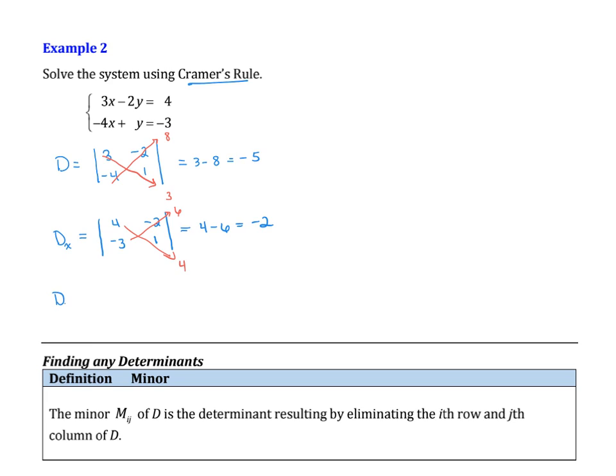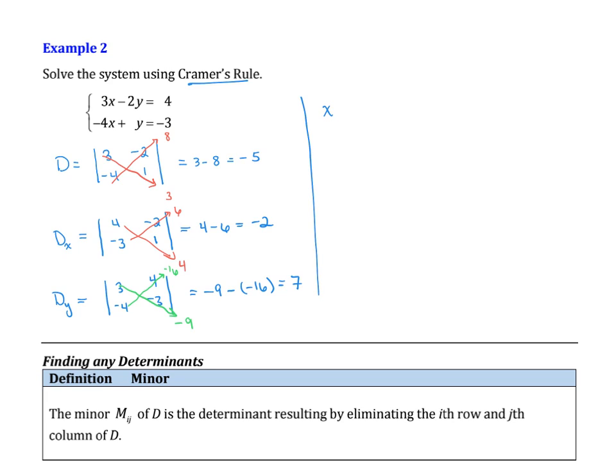And now, D sub y, we'll take our coefficients, 3, negative 4, and replace the y column with the right-hand side. So down is negative 9, up is negative 16. So we get negative 9 minus negative 16, which is positive 7.